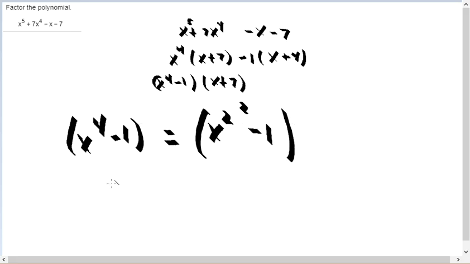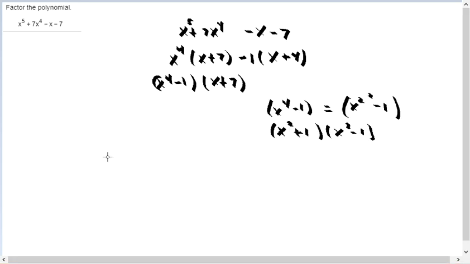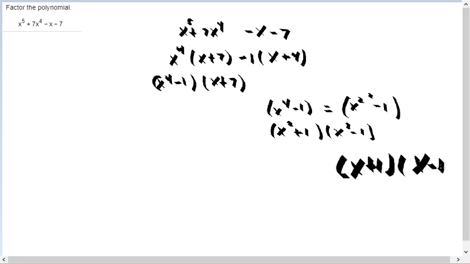And this becomes a difference of squares, so we can factor that into x squared plus 1, and then x squared minus 1. And we can also do this last x squared minus 1 as x plus 1 times x minus 1. So this one becomes x plus 1, x minus 1.